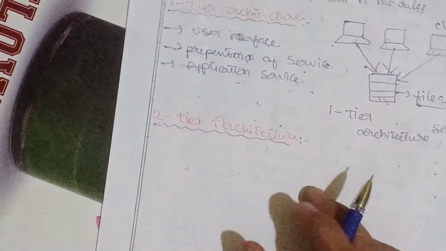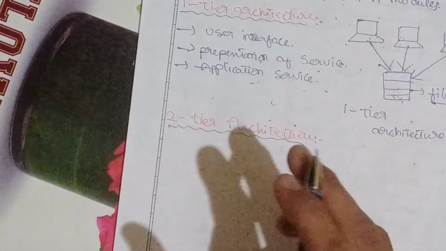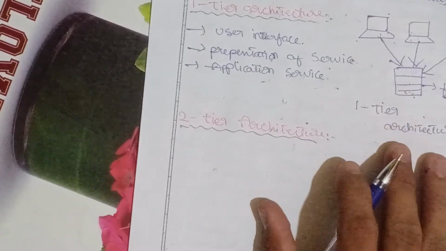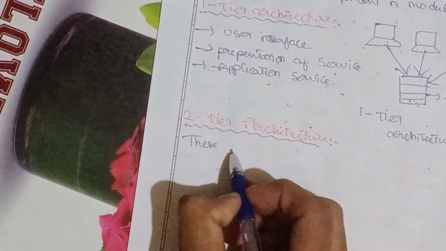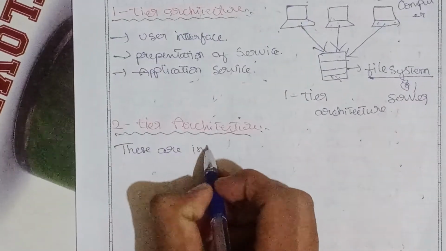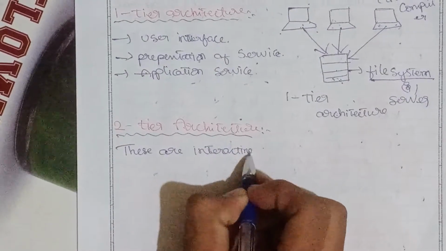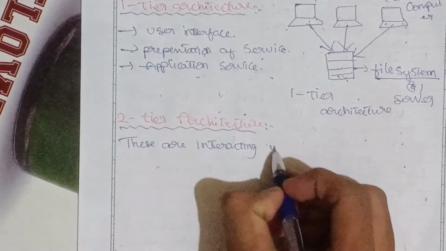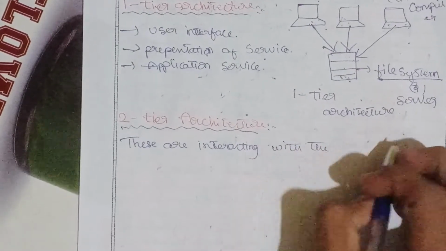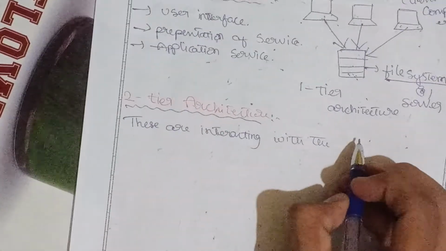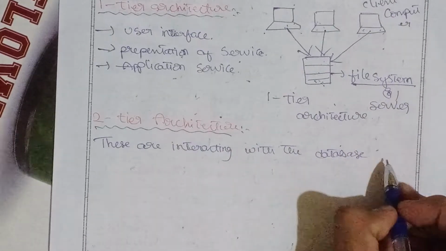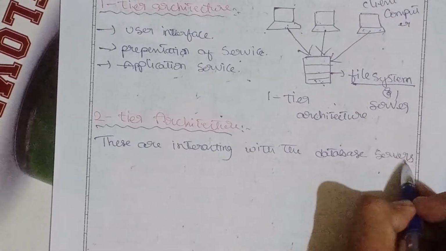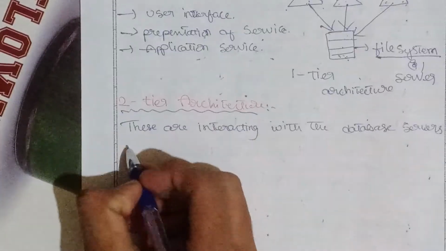Two tier architecture means the clients interact with the database servers, not file servers.